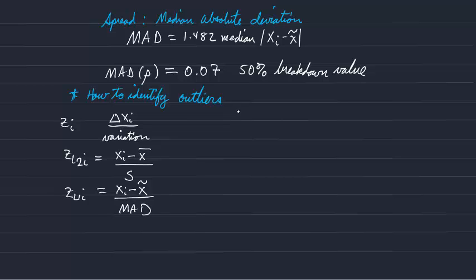So the strategy is to define a cutoff. For Z_i greater than a cutoff value, that value is an outlier.